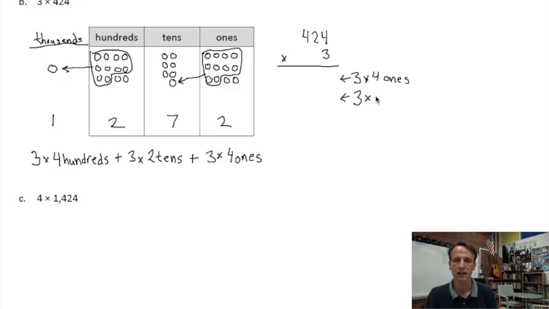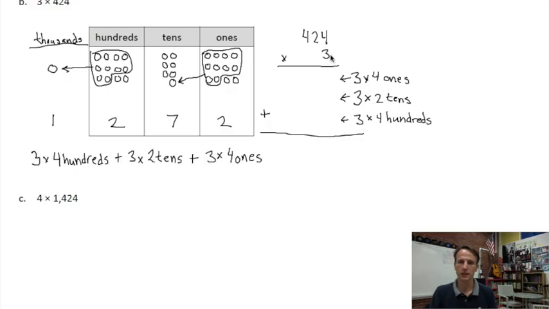Then we'll do 3 times 2 tens. And then lastly, we will multiply 3 by 4 hundreds. And then, of course, we will add all of those up so I can even get that ready to go.